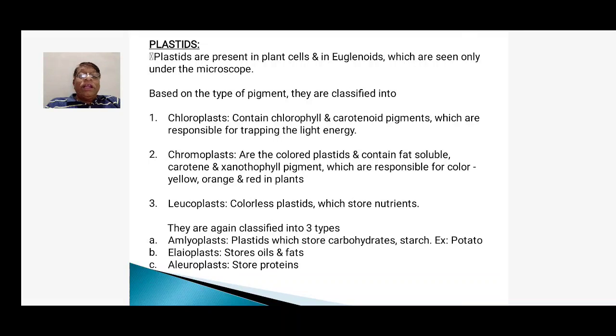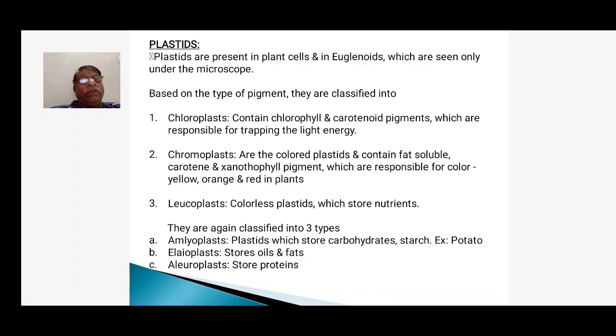Thus, the leukoplasts are again classified into 3 types: amyloplast, elaioplast, and aleuroplast, depending upon the type of food or nutrient stored. Okay. I told you the chromoplast contains carotene and xanthophyll pigments. These pigments are fat soluble. Okay. Another important point for NEET or CET examination.